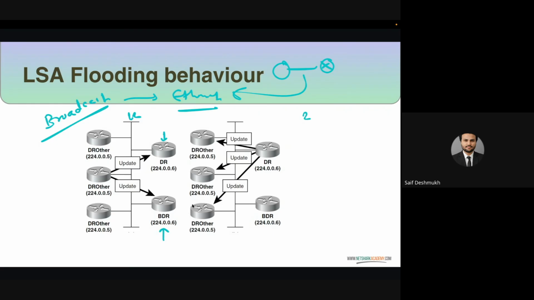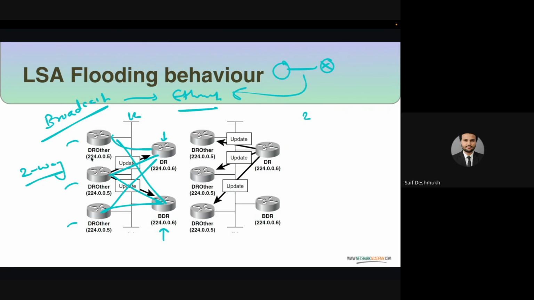Once the election process is over, everyone acknowledges. The rest of the routers are considered DR others. They only form full adjacencies with the DR and BDR. With each other, they are stuck in a two-way state.